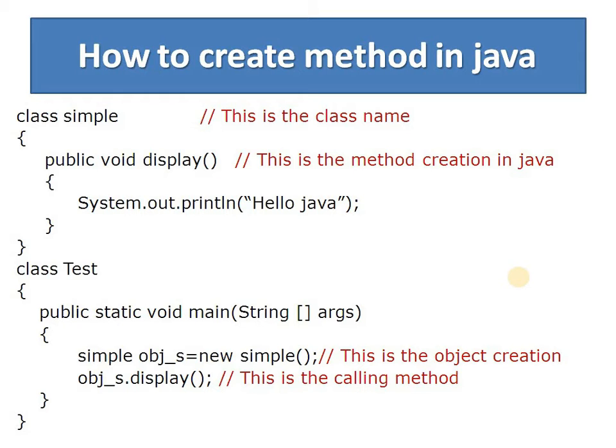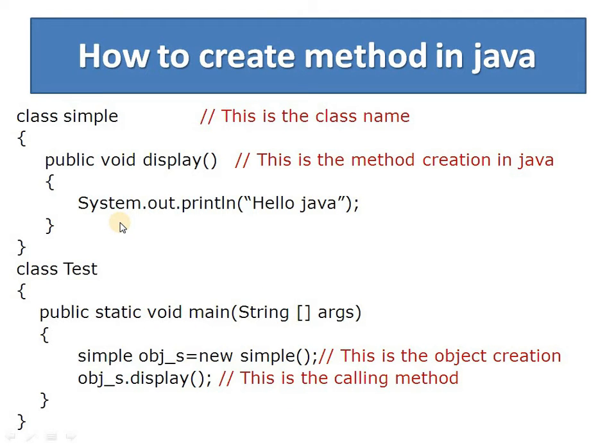I am declaring here a simple method, public void display. In the display method, I am writing system.out.println hello Java, and this public void display method can be called in the main function.